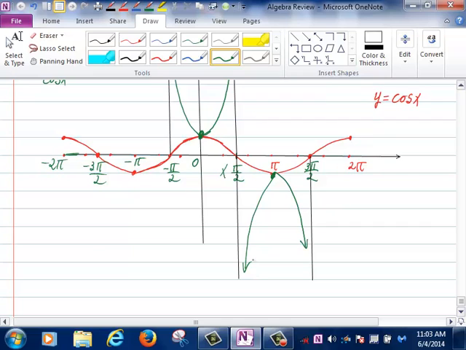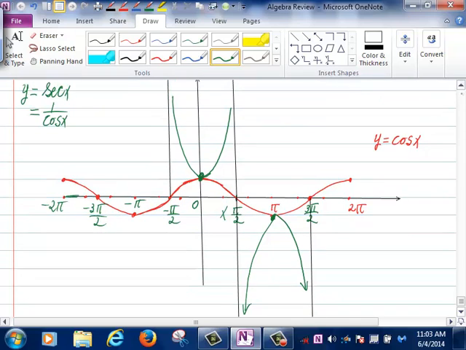What I'm saying here, first of all, is that when x is close to pi over 2, cosine is close to 0. So 1 over cosine will be big, because you're dividing 1 by a very small number.